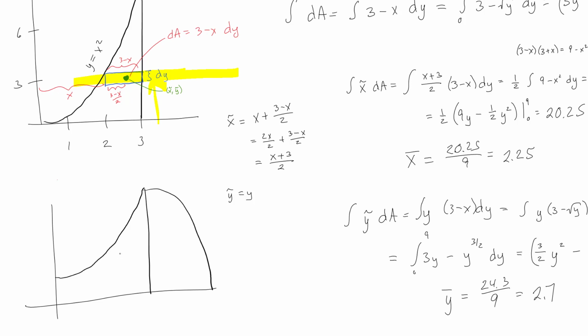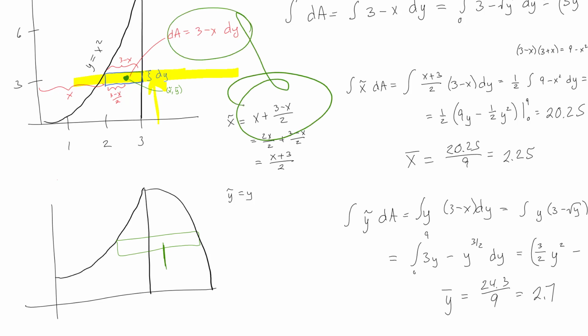And so whatever your dA is, even if you pick this one, your centroid is going to be in a weird place. And so the ability to say stuff like, oh, it's 3 minus x, but it's x plus 3 minus x over 2, that kind of skill set is really important when you get to the more complicated looking shapes and structures.